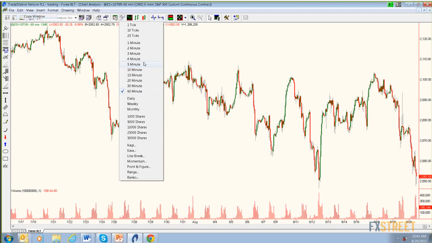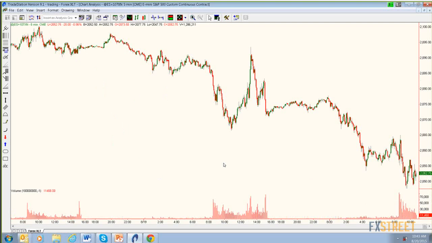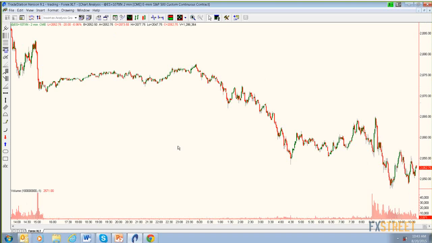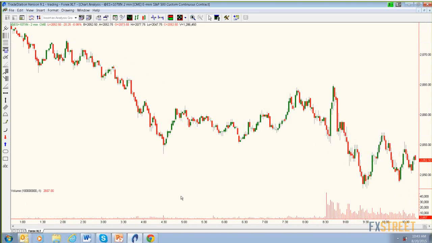So again, just like the DAX, let's jump right down to the really small time frames. Let's go even smaller. All right. If we do get a little bit more of a rally, keep an eye on this level right here.